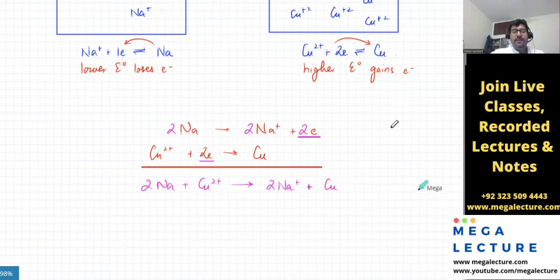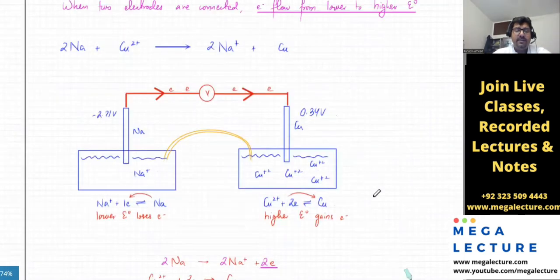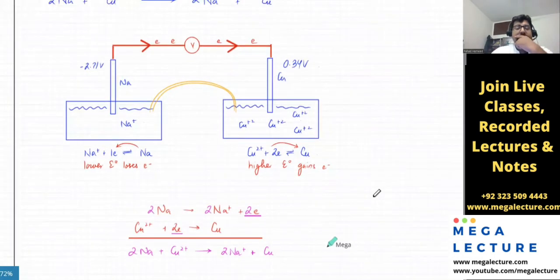So I've figured out the reaction that's going to take place. Okay, so I've been able to predict what the redox reaction is, which we already knew. We had already written that first equation. But now, I have actually been able to predict what the reaction is doing using electrode potentials.